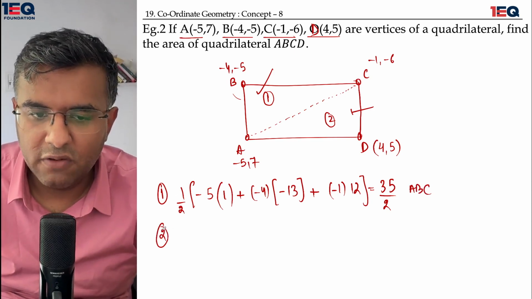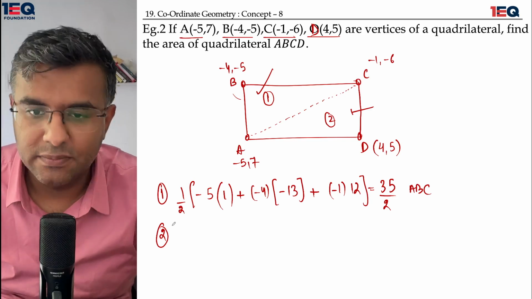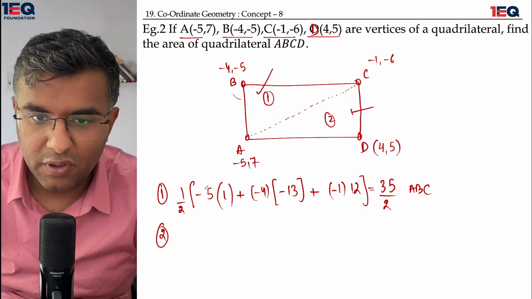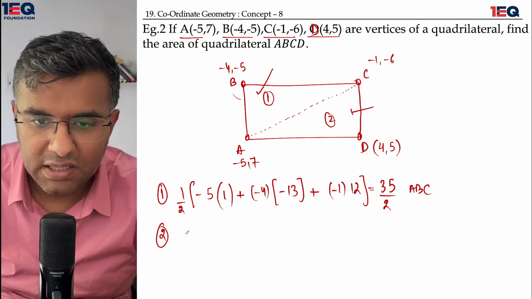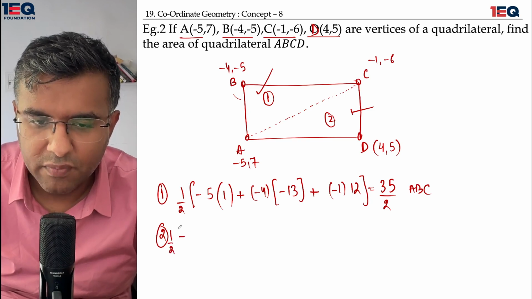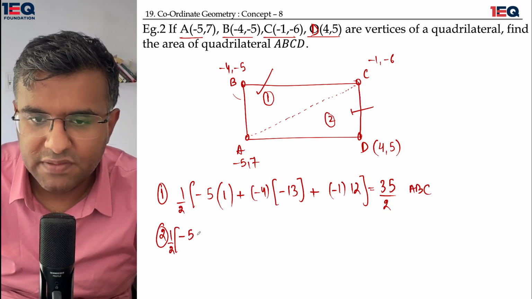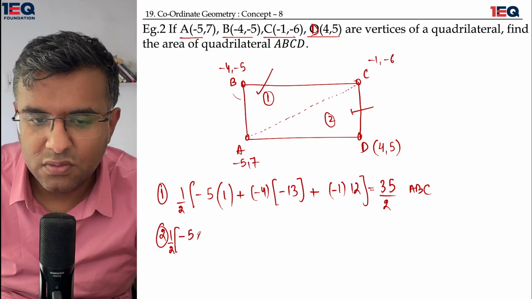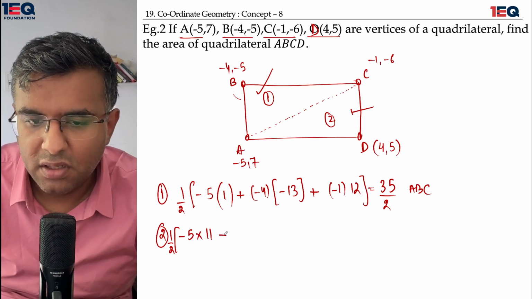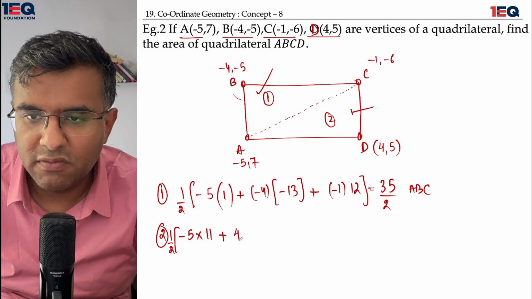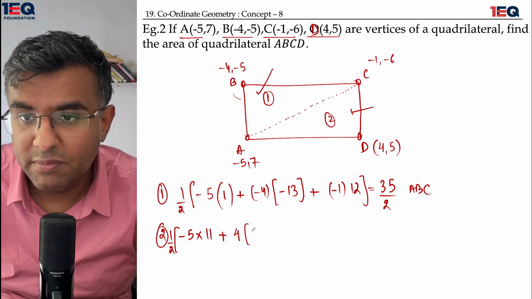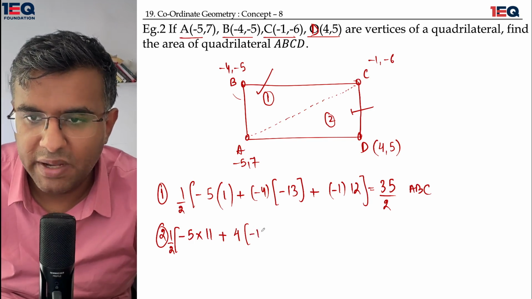Secondly, I'll try to find out the area of the triangle ADC. So for ADC, I would first have a half outside. Then the minus 5 would stay here. 5 minus 6 is 11, so this would be multiplied by 11. I would have a plus sign. There would be 4 and minus 6 and minus 7. That would make a minus 13.